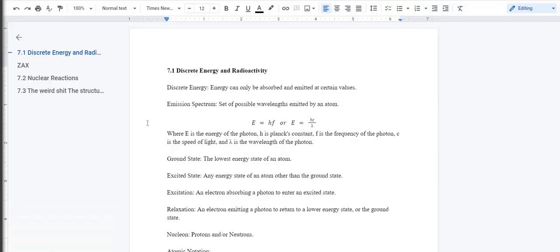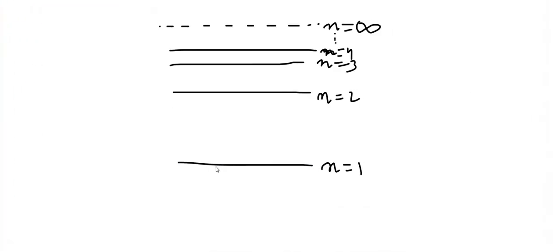So how does this relate to the concepts of discrete energy and emission spectrums? We talked about ground state and excited states. So now let's get into the excitations, relaxations, and the discrete energies and the emission spectrums. Like I said, the electron in the hydrogen atom will prefer to be at the lowest state. Let's say this is the electron.